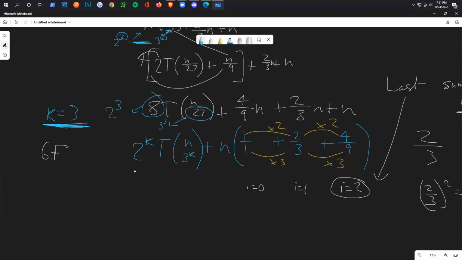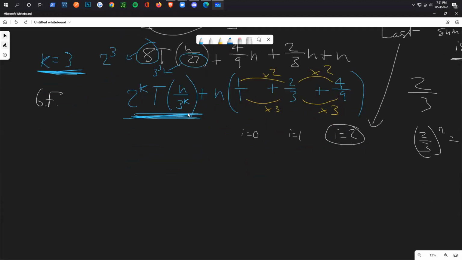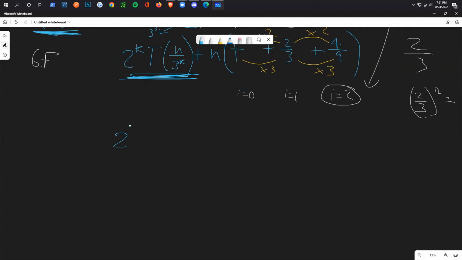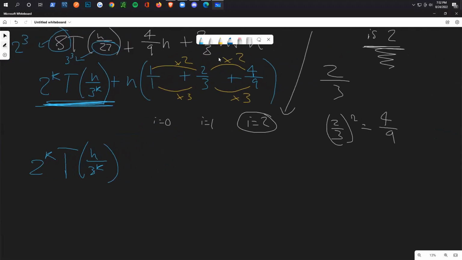Okay, so we have this part set up, right? But we have all of this stuff right here. So how can we simplify that out? Let me just write this down here. And over 3 to the k plus, and we still have this n on all of them.